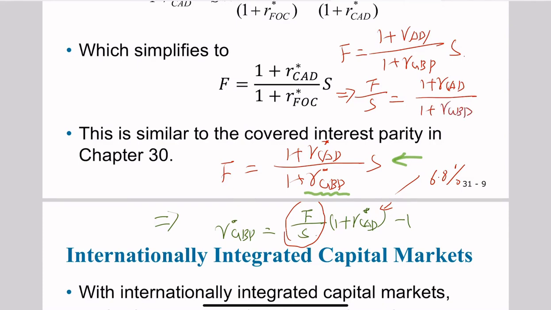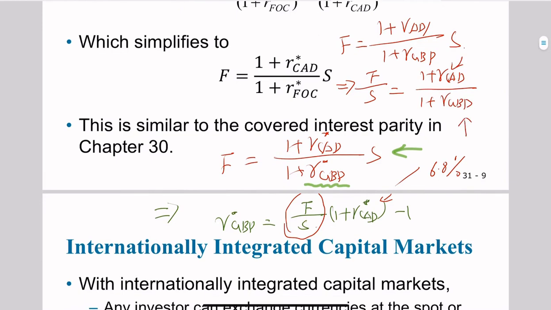So we can use the risk-free rate in the two countries to find out the ratio of the forward exchange rate and the spot exchange rate. And then we can get all the numbers we need. We can solve the cost of capital in the UK.